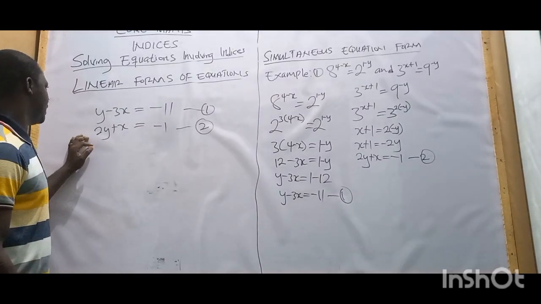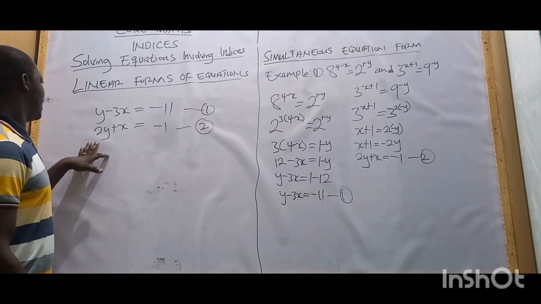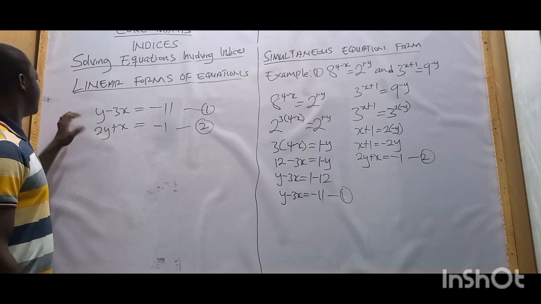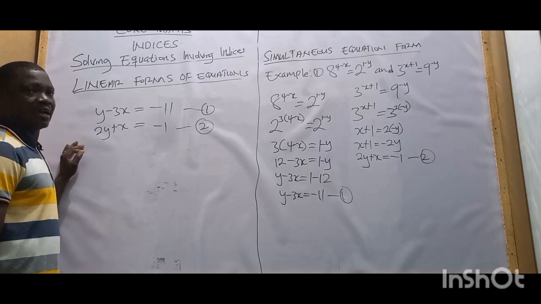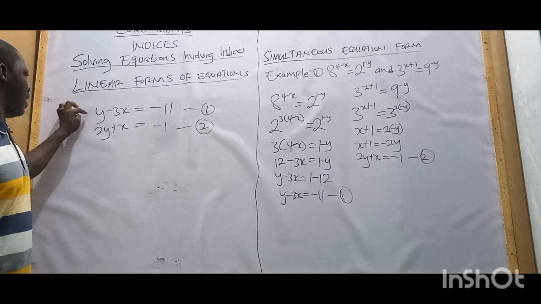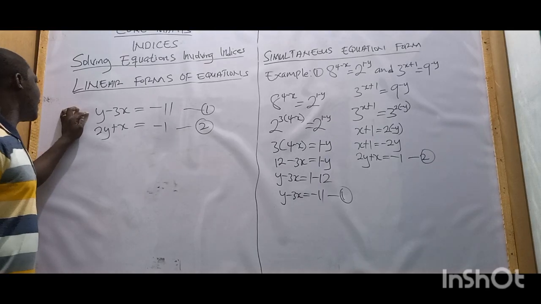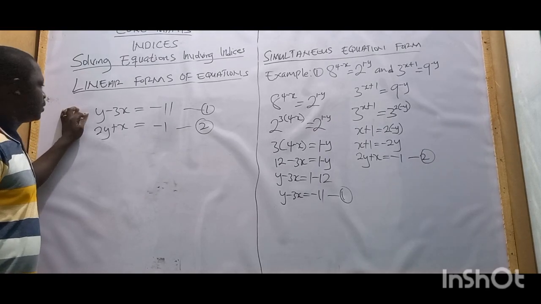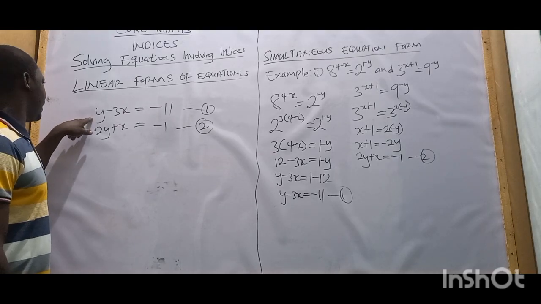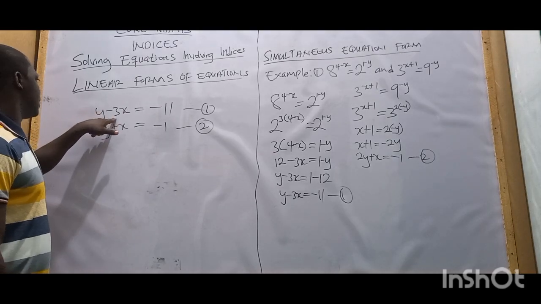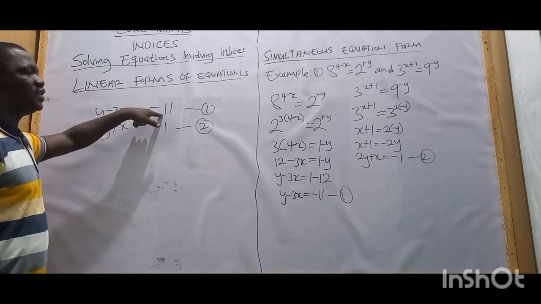So for instance, if I want to use elimination in solving these two equations, I can either multiply my equation 1 by negative 2. Right. So here, if you multiply, you get negative 2y plus 6 equal to negative 22.